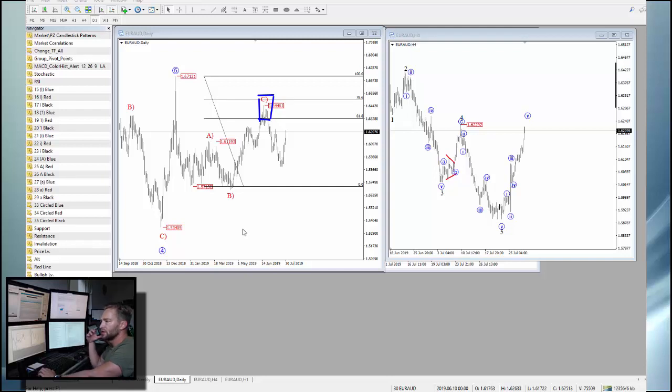However, I'm not the kind of trader who would go aggressively into the market at very important levels. What I want to see from the market is a reversal from those levels, because I want the market to confirm that this support or this resistance is really very important, is really doing its job. So I want to see the market react from that zone first before I look for any potential trade.